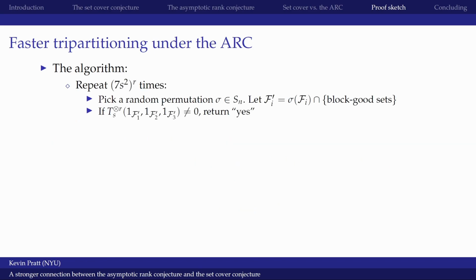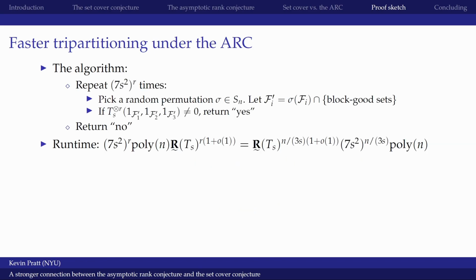So the total runtime will essentially be the number of repetitions times the cost to evaluate this tensor. By what we said earlier, we can bound the cost of evaluating this tensor by the asymptotic rank of T sub s to the power of r times 1 plus o of 1.